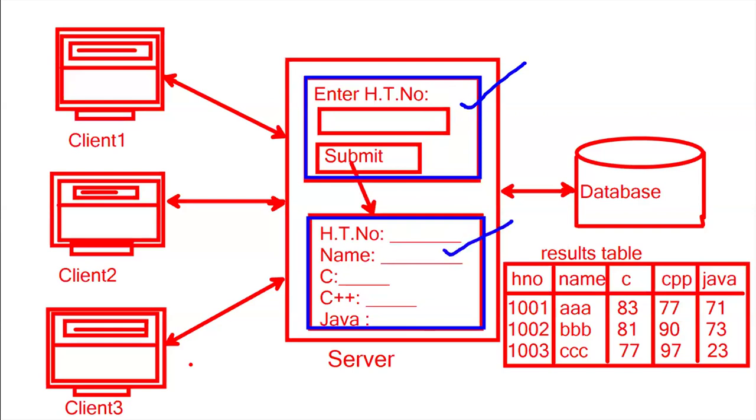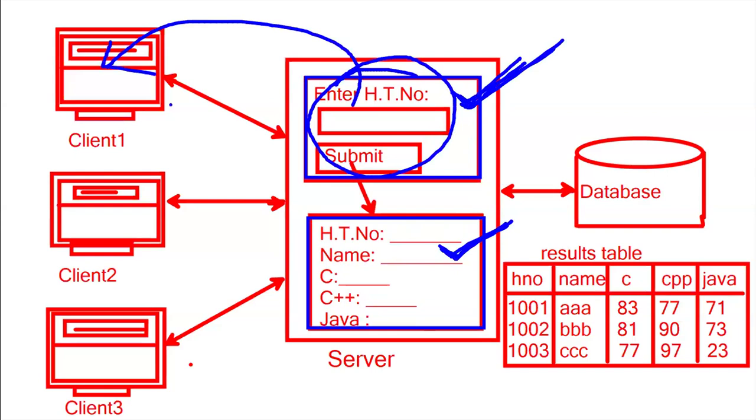This one, where it resides, where it runs? Whenever request comes to this program, what server will do? This program, it will send to a browser. Whenever request comes to this program, what server will do? Executes a program, sends the output to a browser.